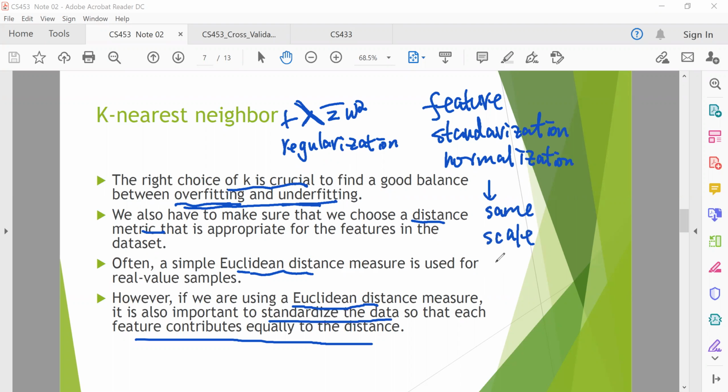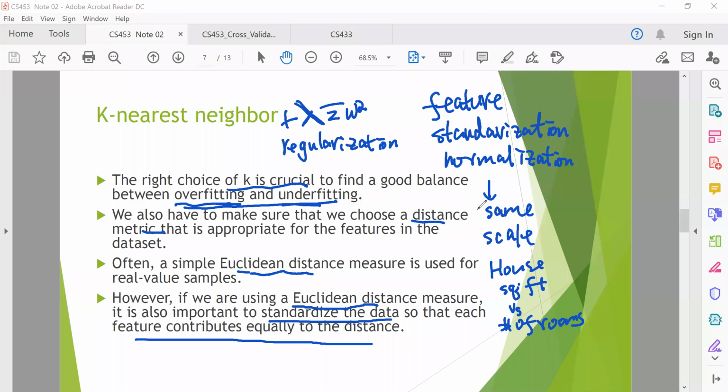Remember the example of a house: the square footage versus the number of rooms. Definitely not in the same scale. So when you do gradient descent training, it won't work well.